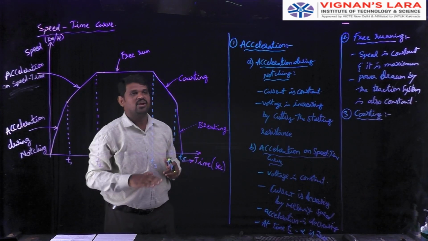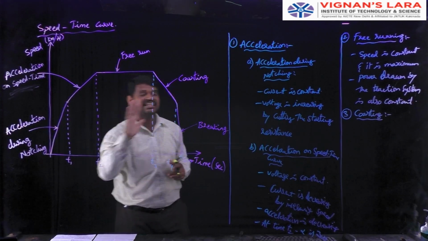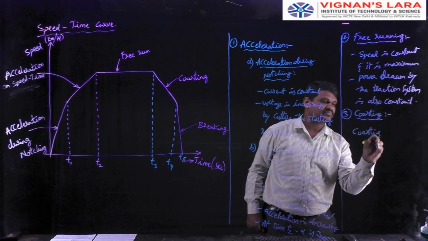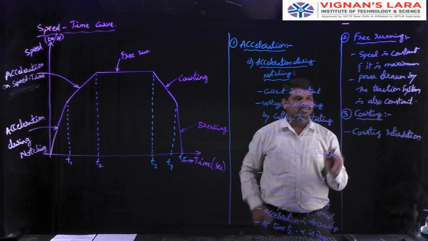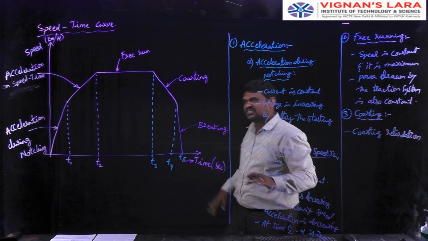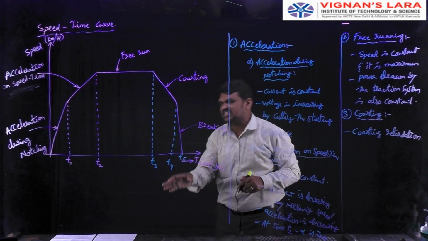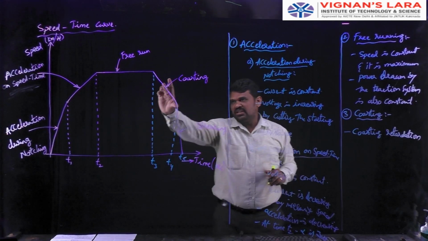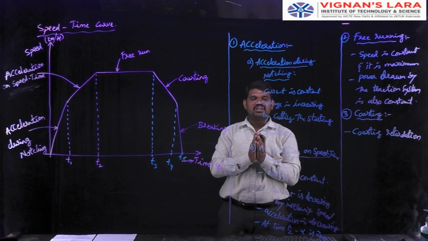That is called the retardation, the coasting retardation. In this period, we are not applying any brakes, and because of the tractive resistance the speed will decrease. There is no power consumption; power is disconnected.